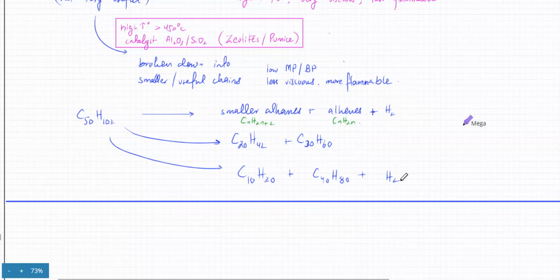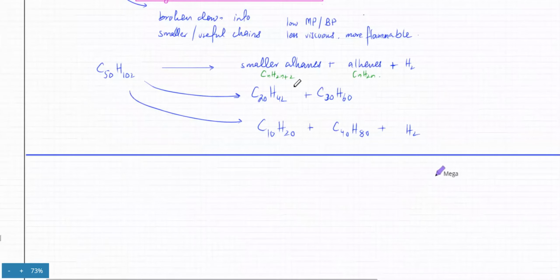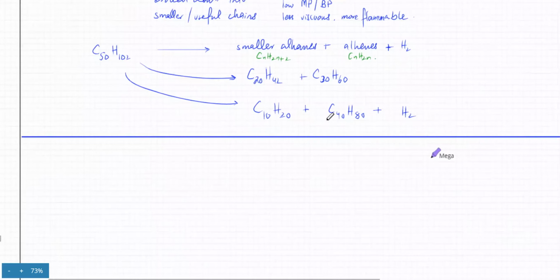Is that clear? Just remember that. So there could be another version. Even with alkanes, you might get hydrogen gas. It depends. And remember, the products are completely random. The only thing is they should add up to this molecule over here.